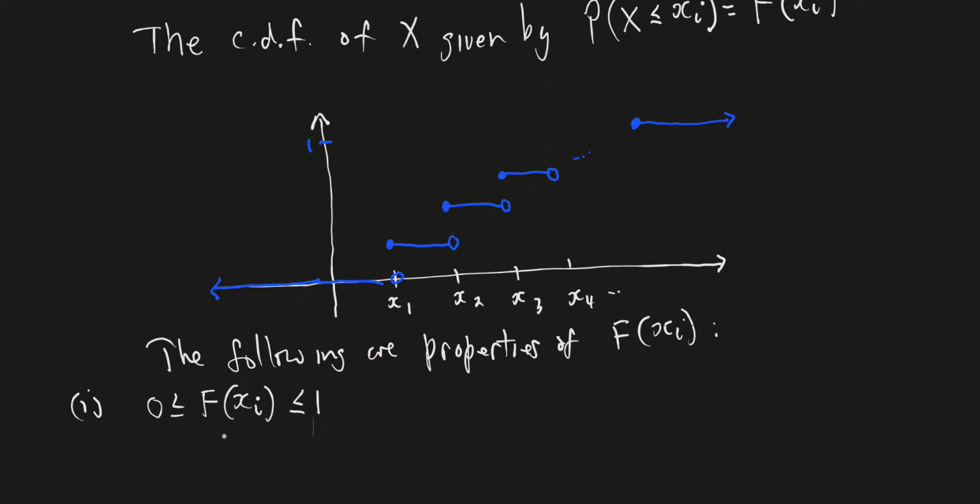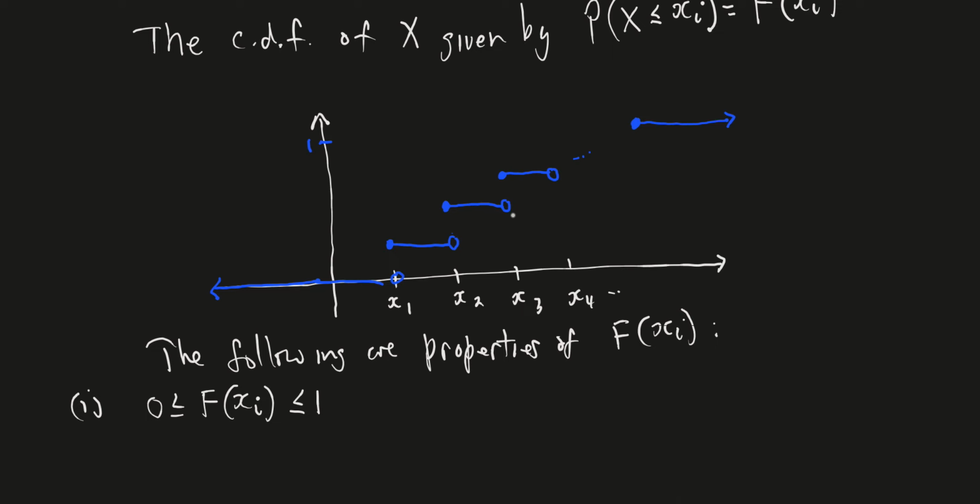The other interesting thing, which we can see from this staircase pattern going up, is that as I move to the right on my number line, as x gets bigger and bigger, so do the probabilities, because they always go up. They can't go down.